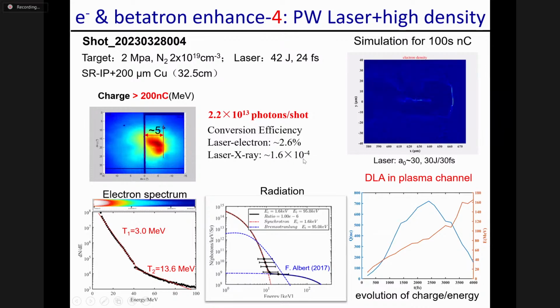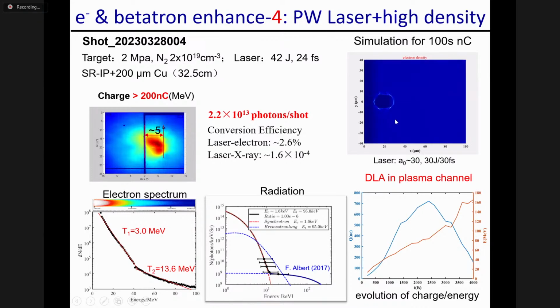It seems this conversion efficiency compared to the 100 terawatt case is not so high, but still high enough compared to some other methods.